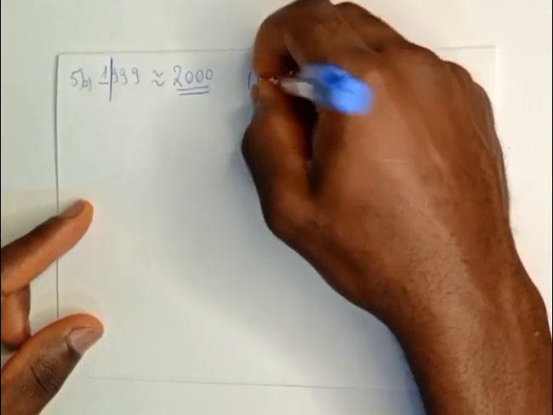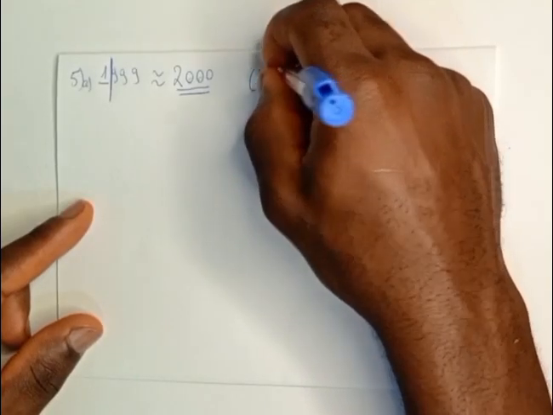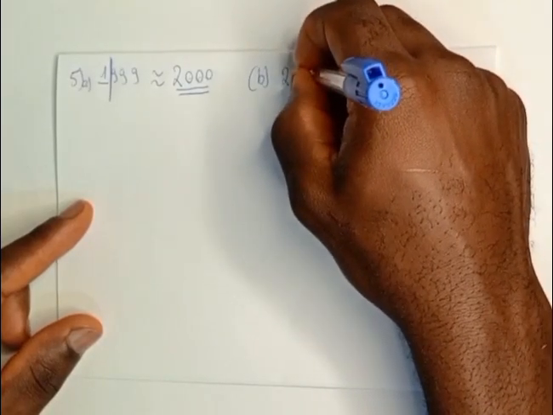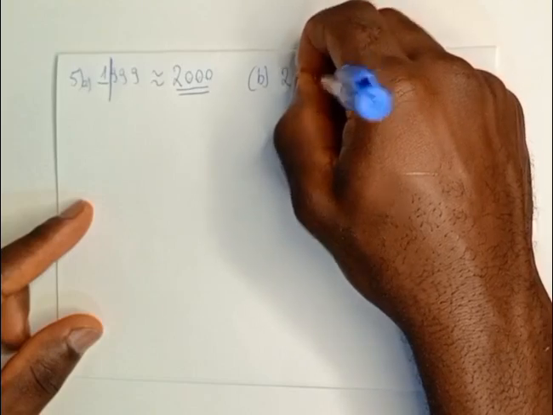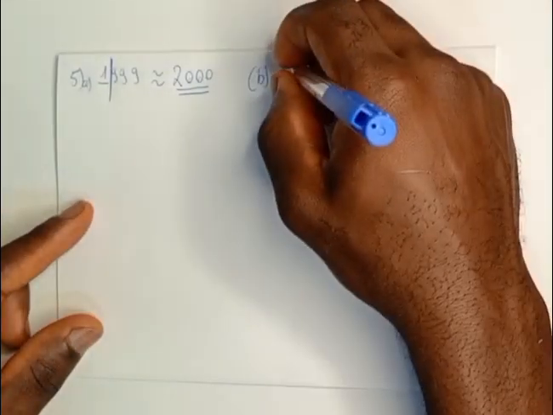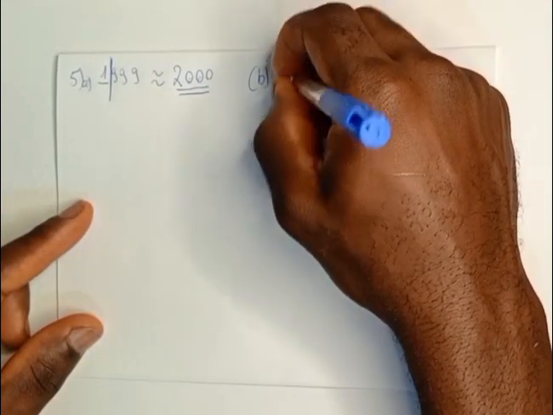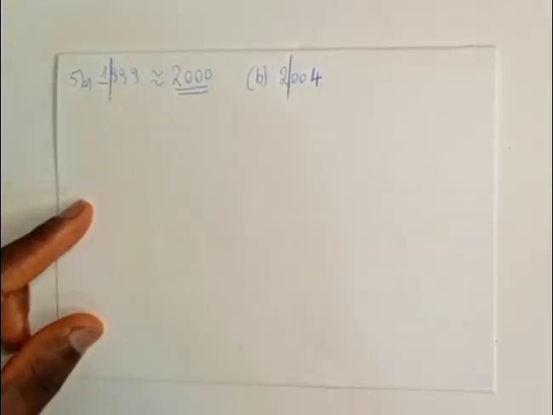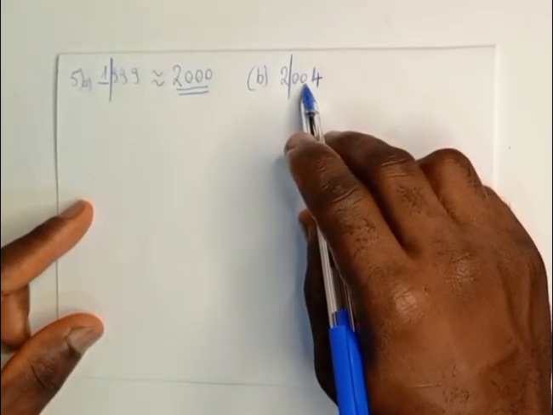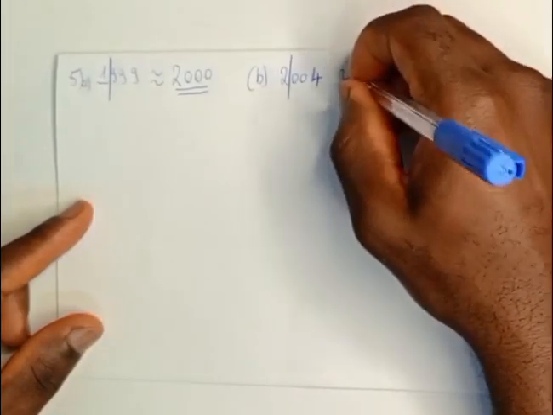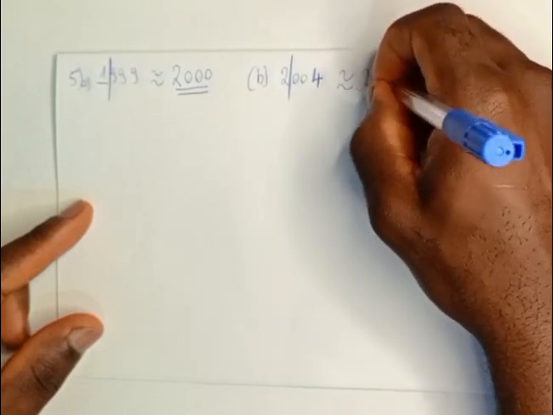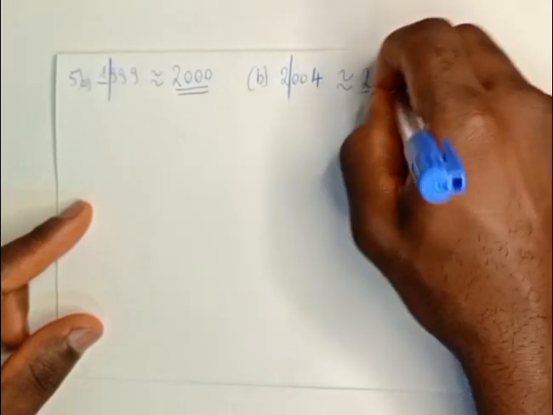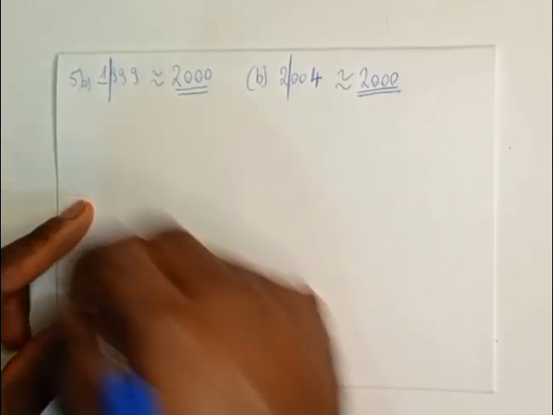We go to B. For B, we have the number 2004. To the nearest thousand, we have to approximate between 2 and 0. 0 is less than 5. It remains 0. We have to replace all the other digits with zeros. This will be approximately 2000 to the nearest thousand.